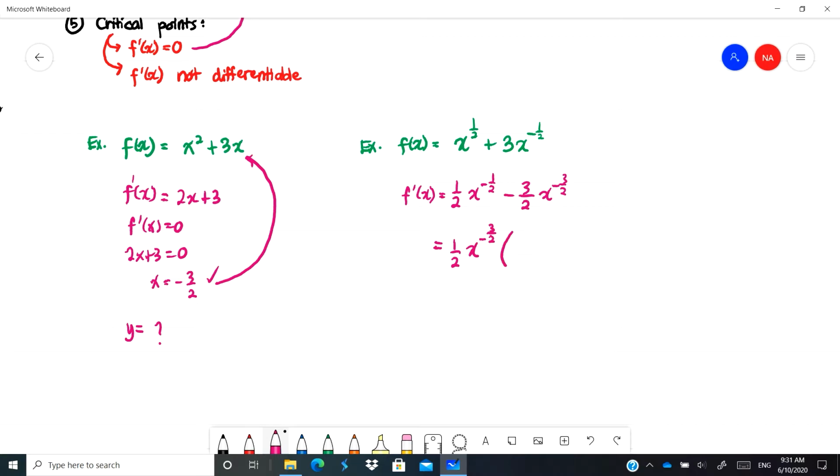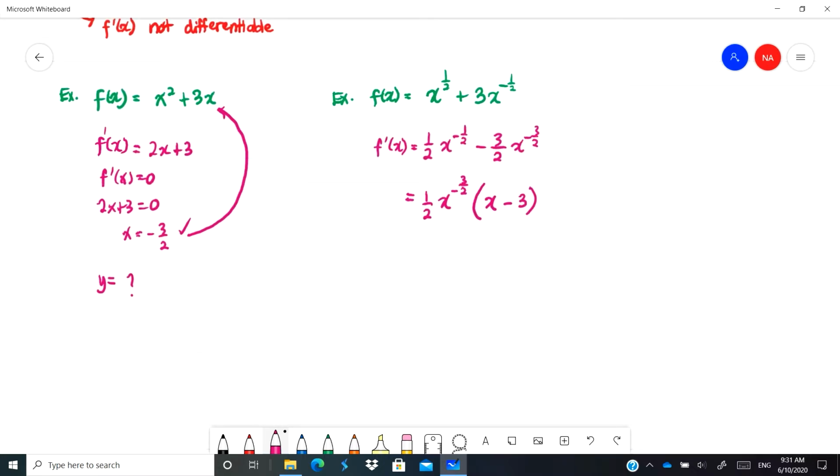Let's say I factorize this, so I'll get x, 1 minus, so I'll get x minus 3. Am I right? So 1 minus 3/2, yes, so that's minus 3.